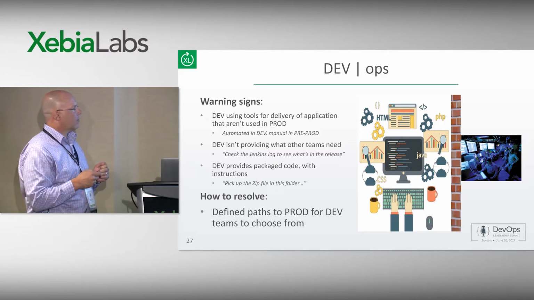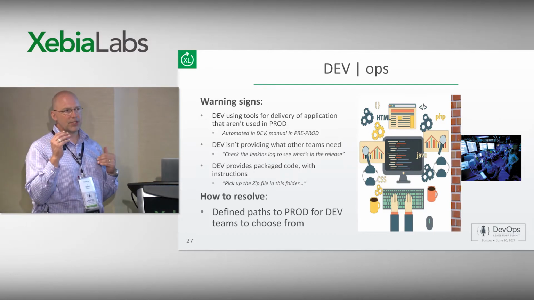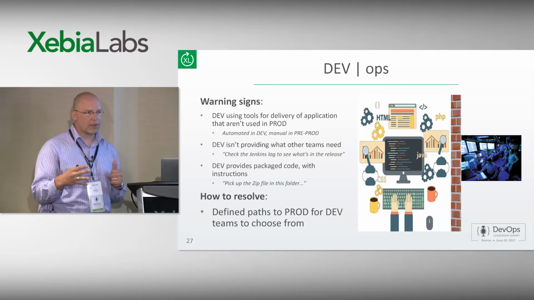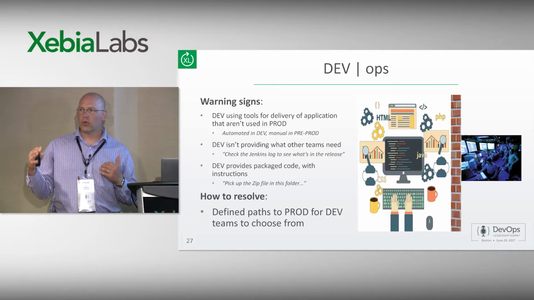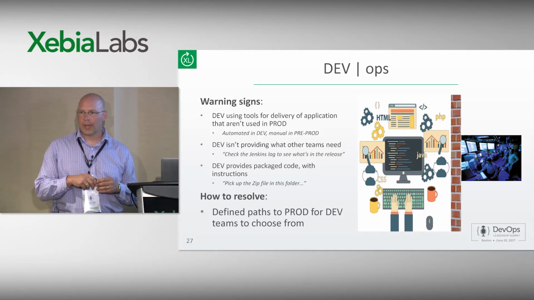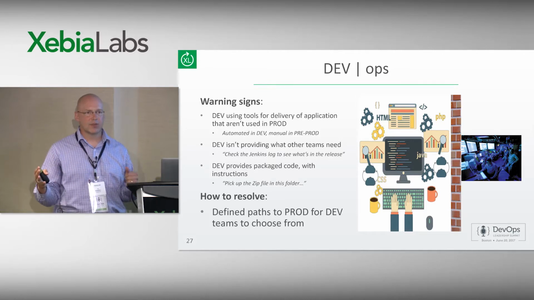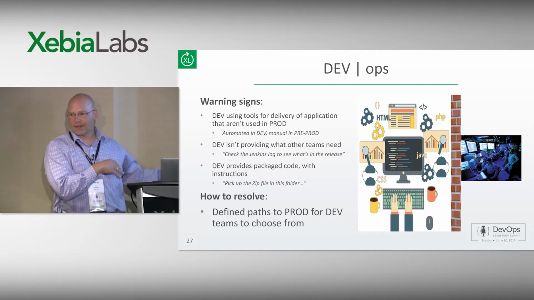Okay, so how do we resolve this? What we find works really well is making sure you're defining your paths to production. If you're not on the dev side, what developers really want is an easy way to run code in target environments. They want the easiest possible way to get from dev to prod. And it's not because they're lazy, it's because they have somebody on their side hammering them for the next set of changes.